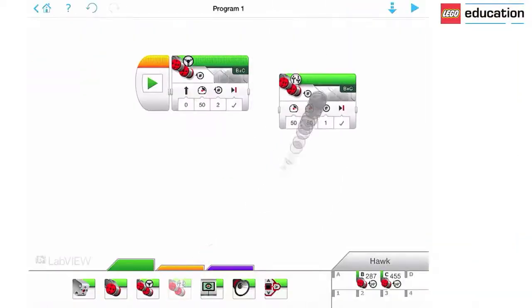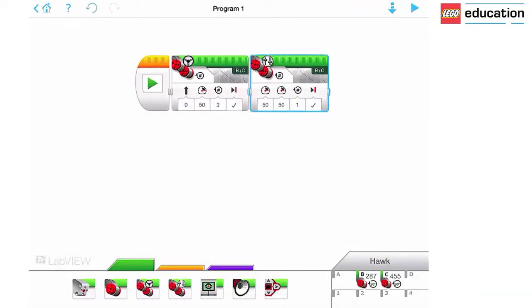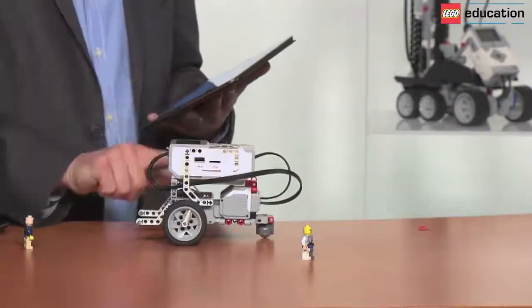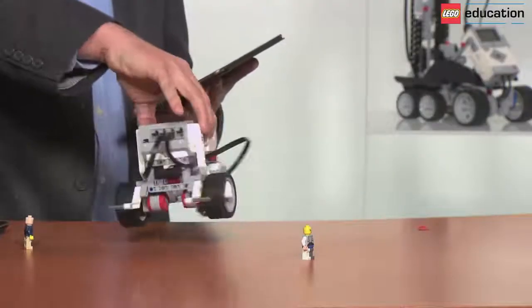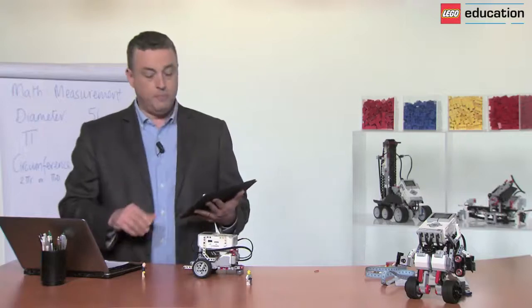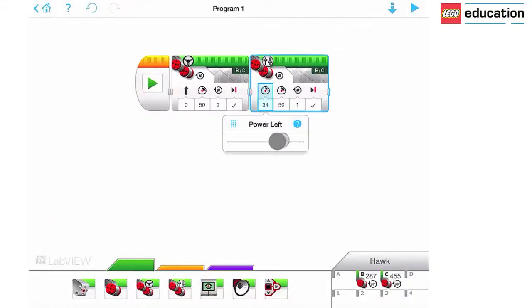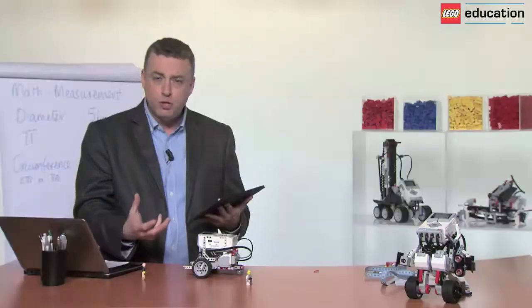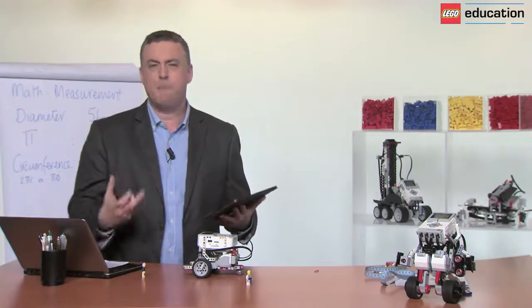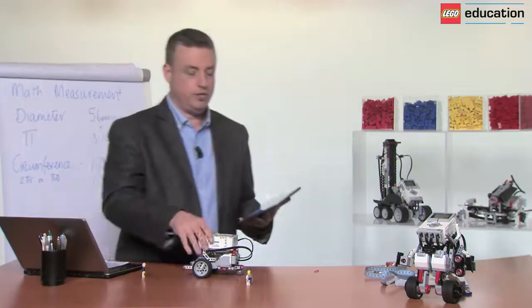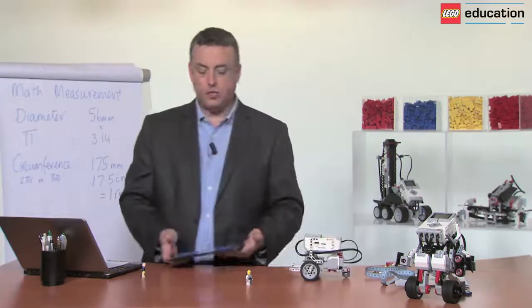So I bring in my move tank block, and I want this motor to turn, okay? And that is going to be motor C. So I change the power level. Remember what I said before, if we turn one motor off and leave one on, we get a pretty good 90 degrees turn.